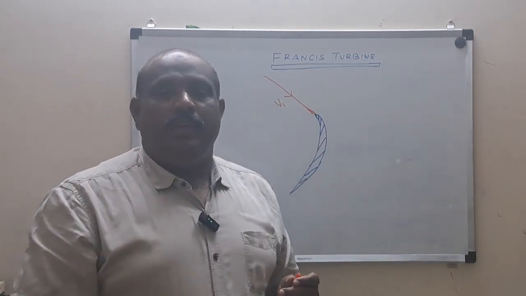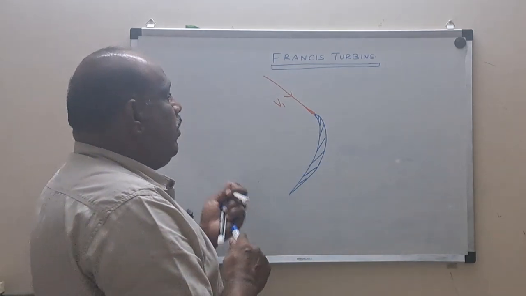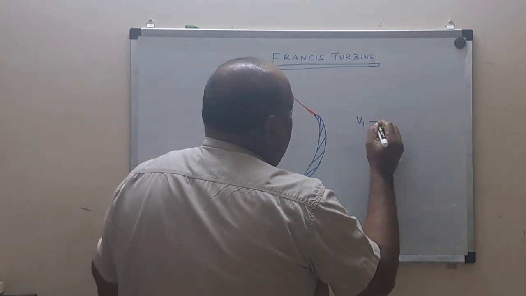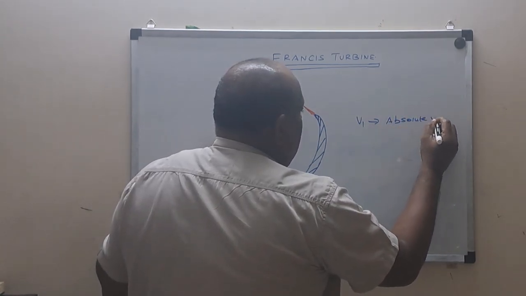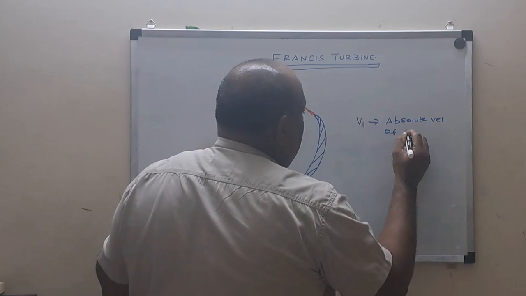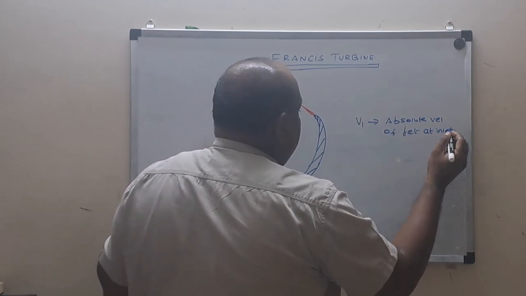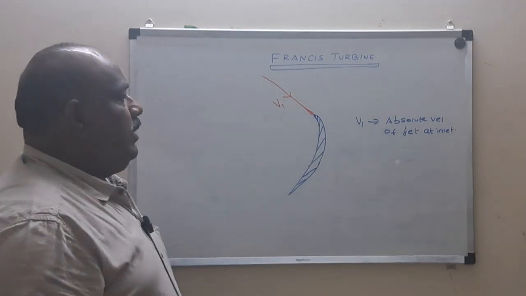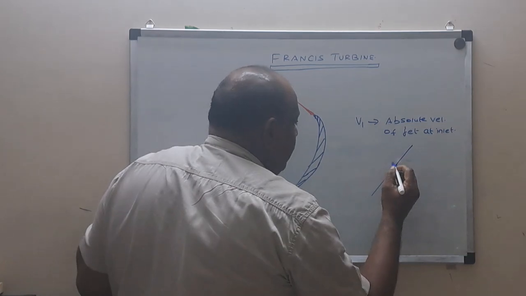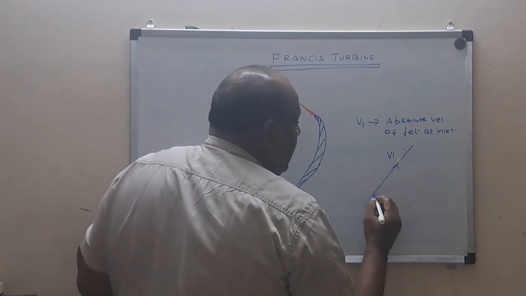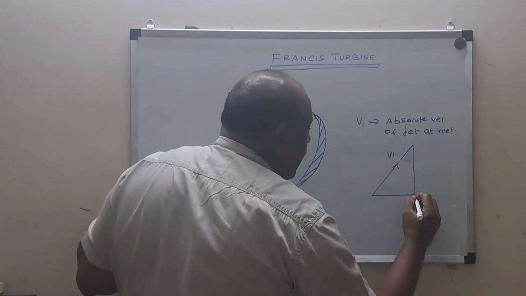Now the water, or the jet, is coming. So V1 is called the absolute velocity of the jet at inlet. And we know that for any absolute velocity, the horizontal component will give me the whirl velocity, and the vertical component will give me the flow velocity.